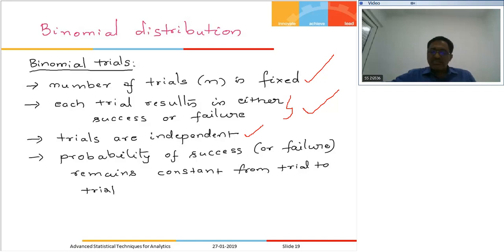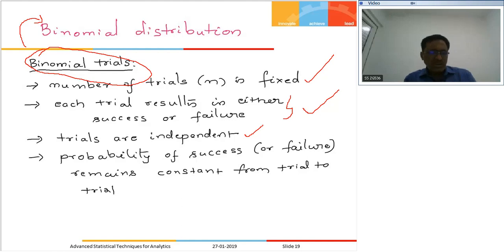At the 10th trial also, the probability is 1 by 2. That means the probability of success or failure is constant throughout the process. Then we say the trials we are doing are called binomial trials. If they are binomial trials, then we say it follows the binomial distribution. That is another way to define the binomial distribution.